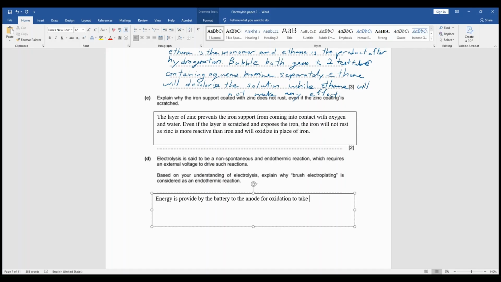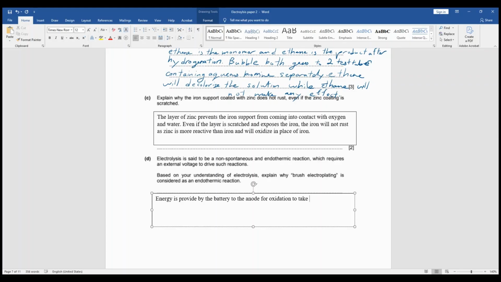If you do not know oxidation, it means your metal becomes ions. So basically, what you are doing is kicking out the electrons, and you require energy to do that. You're breaking the bond, overcoming the energy that is holding the electrons in place.